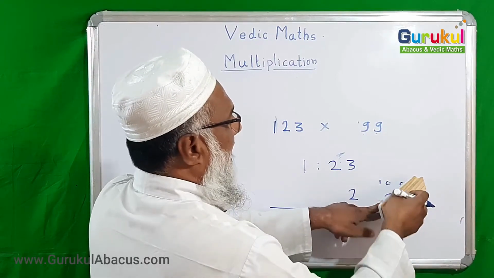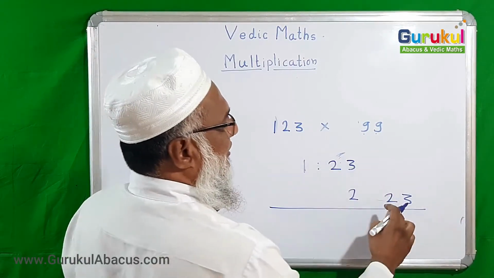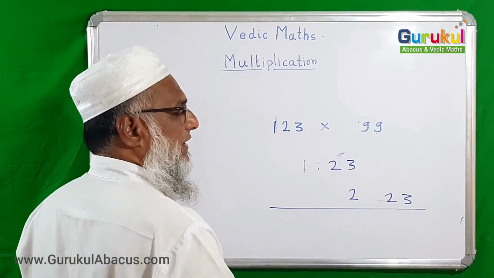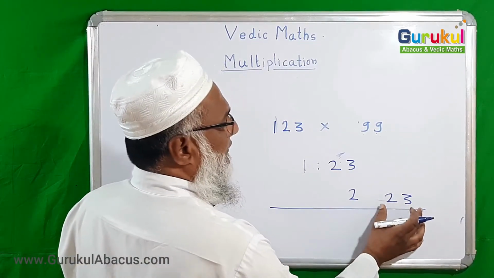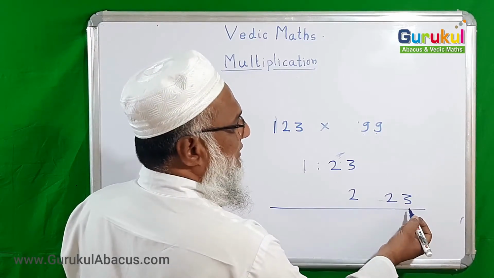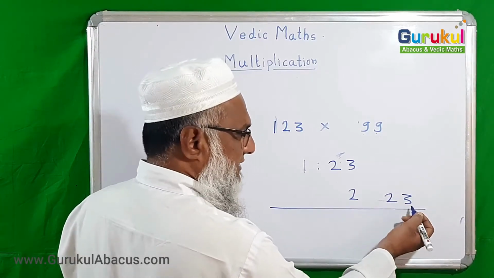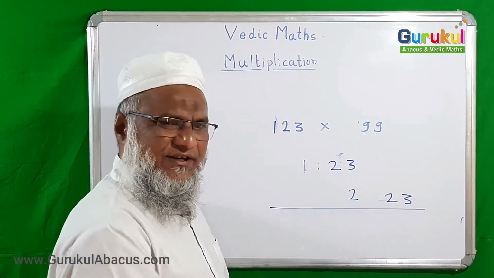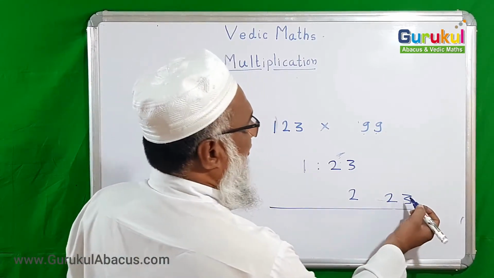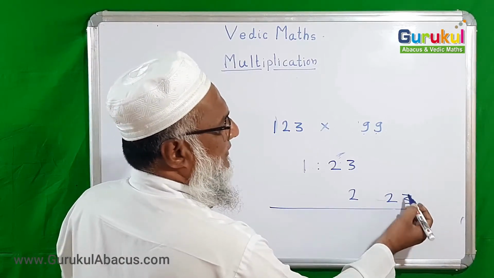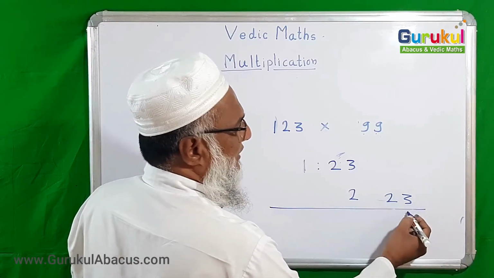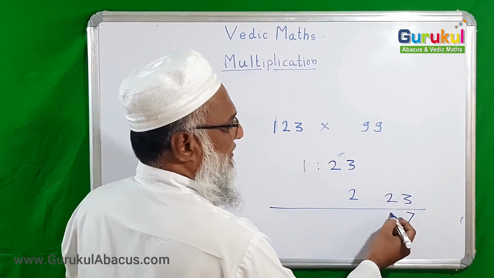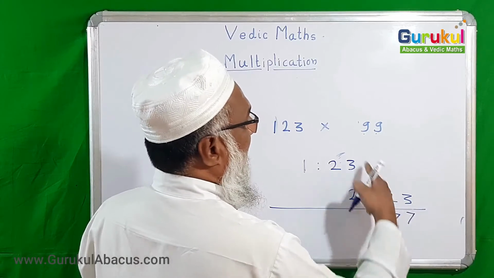Don't think anything else, just keep in mind the rule: the last digit you subtract from 10, the rest of the digits you subtract from 9, that's it. So here, last from 10: 10 minus 3 is 7, and the rest from 9: 9 minus 2 is 7. That's it, write this.